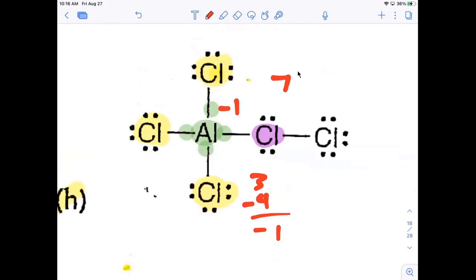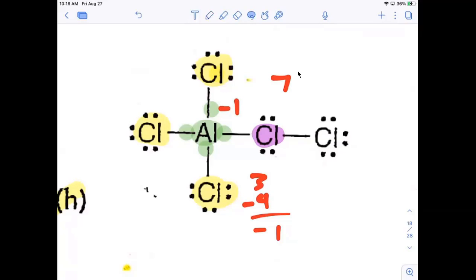So when you see a chlorine that has more than 1 bond to it, that's kind of, I don't want to say a red flag, but we gotta figure out what the charge is. If it only has 1 bond to it, then there's no need to calculate it because it's understood that chlorine is neutral, right?